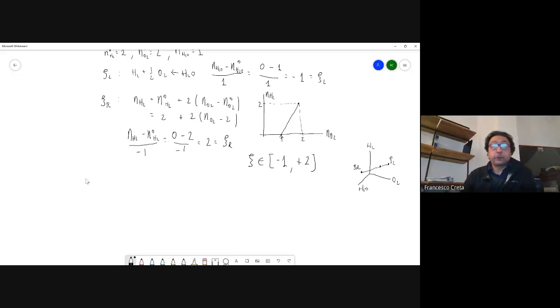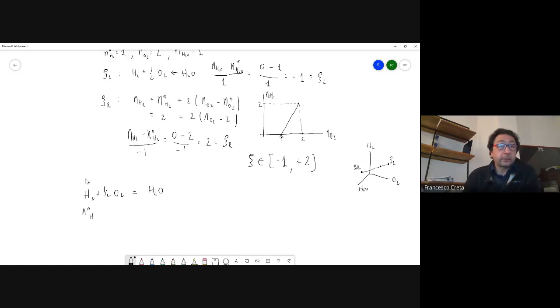You can try doing the same thing now. You can do it by yourselves when you have time. Take the same reaction, but change now the initial composition. So what you're doing is actually shifting this point here, but clearly the reaction will always be parallel, because remember, a reaction is a direction in this phase space.